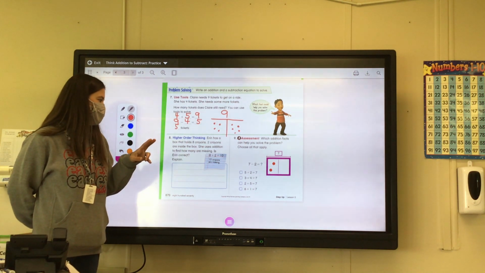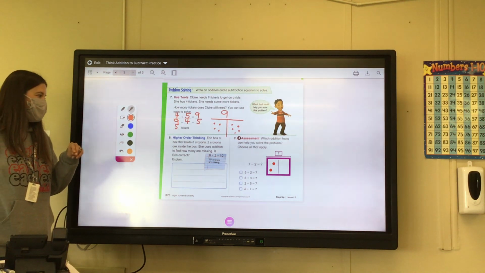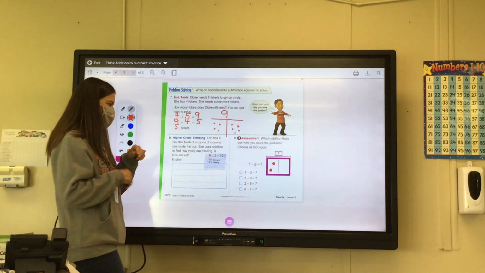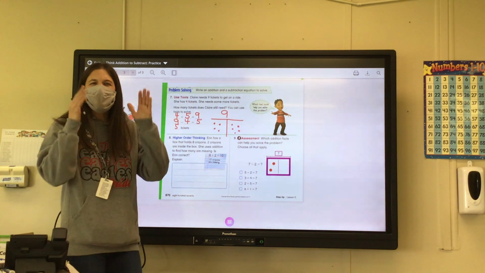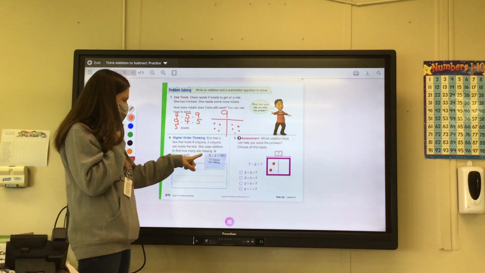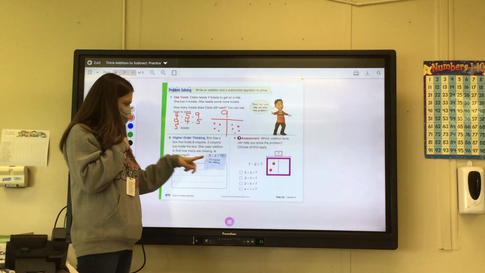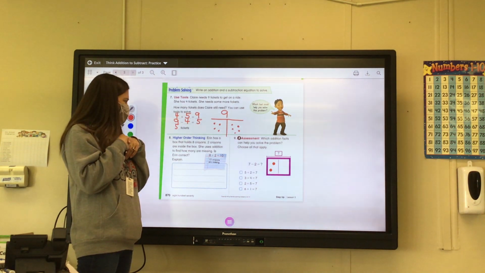She uses addition to find how many are missing. Is Erin correct? Okay, Erin has a box that holds 8 crayons. 2 are in the box. Is this correct? That 10 crayons are missing? No. Let's think about it.